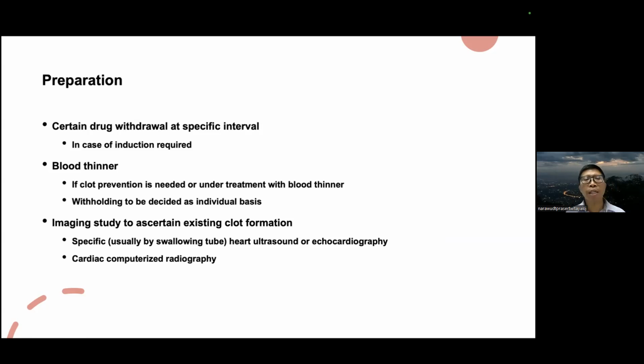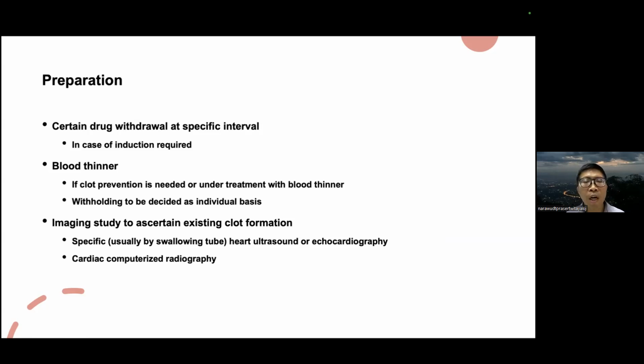For certain patients, they may require an imaging study to ascertain any existing clot in the chamber, which may preclude any passage into that particular chamber to prevent any clot showering.